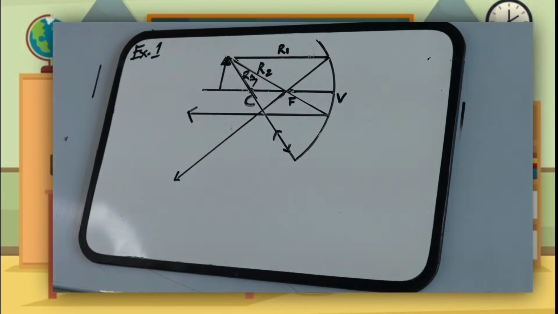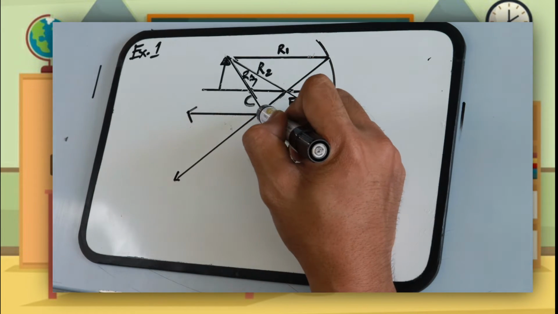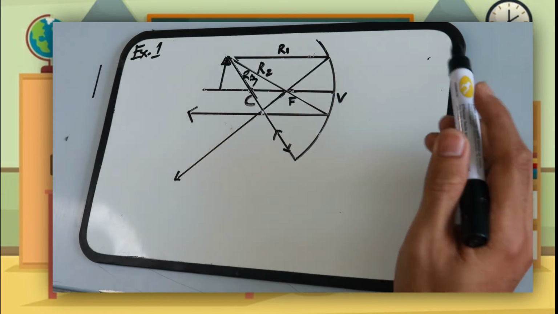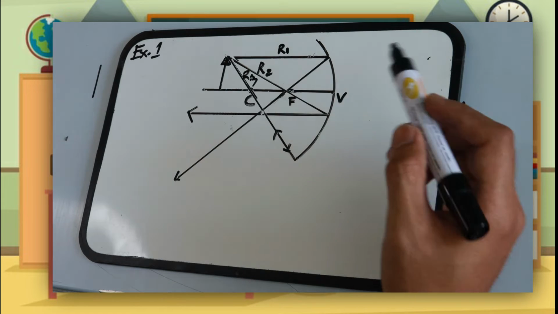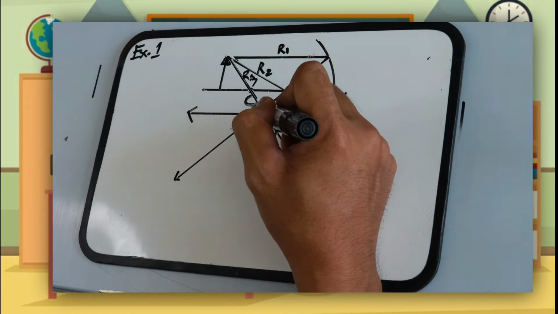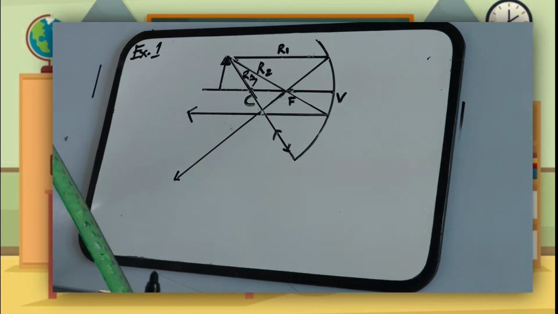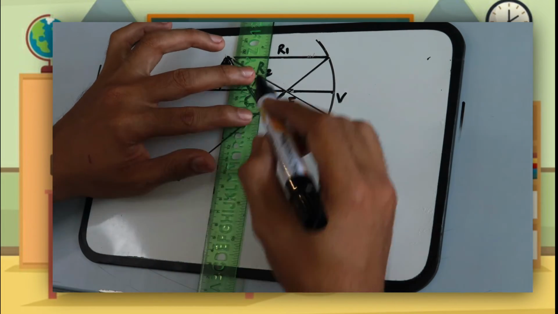As you can see, in this area there is an intersection of light rays. It indicates that the image is formed in this area. So we will now draw the image of our object.